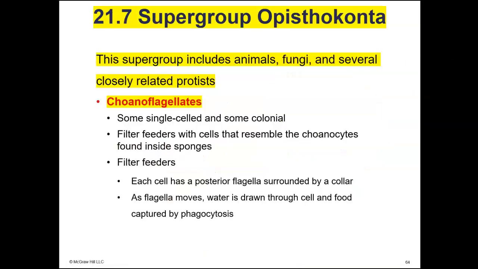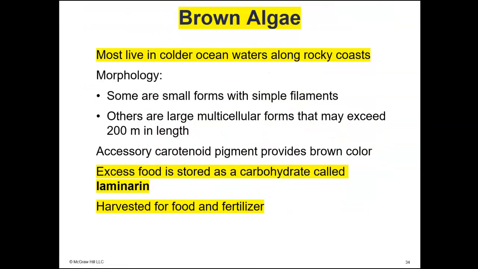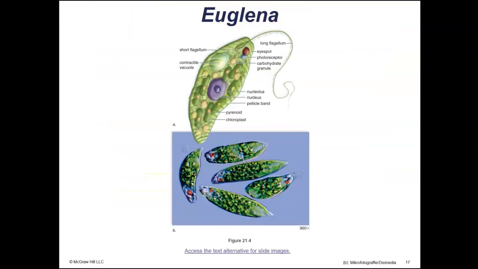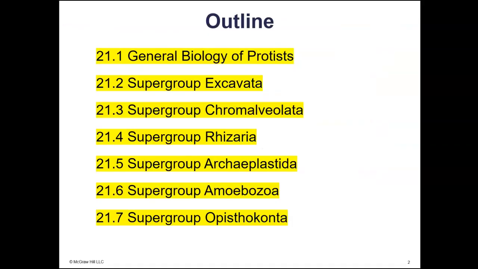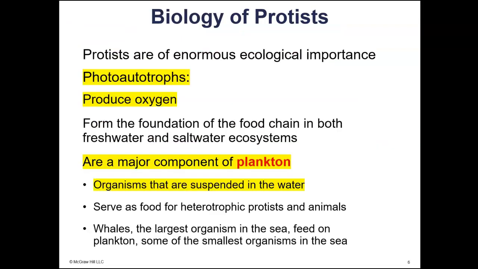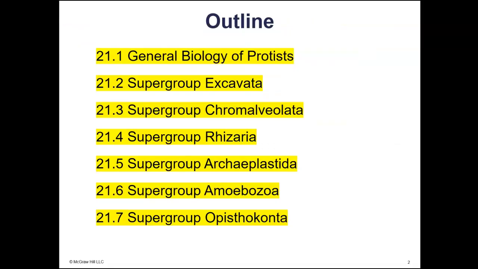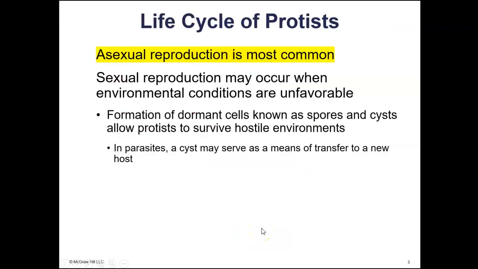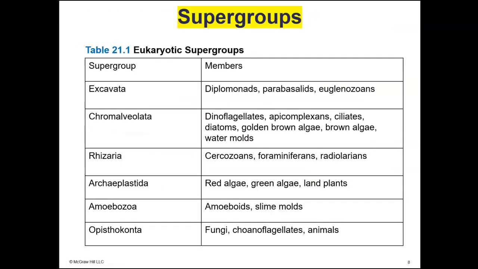So basically, just make sure for this chapter, chapter 21, that you go back and find that table. Know the name of all of your supergroups: Excavata, Chromalveolata, Rosaria, Archaeoplastida, Amoebozoa, Epistheconta. Make yourself some type of flashcards or some type of organization to your notes so that you're able to test yourself.